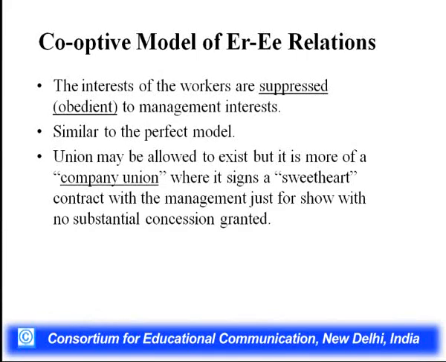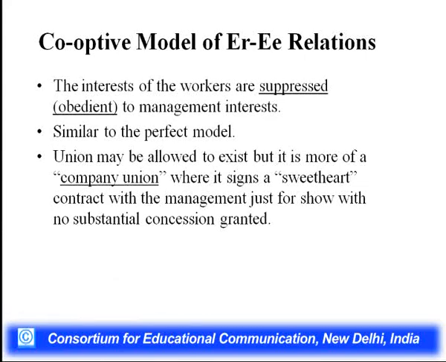The last is the co-optive model of employer and employee relations. In this case the workers' interests are subordinated to management interests. This is although similar to the perfect model of ER and EE relations, but here the labor unions are highly inclined towards the organization, therefore they are termed company unions, where they sign a sweetheart contract with the management just for show, with no substantial concession granted.